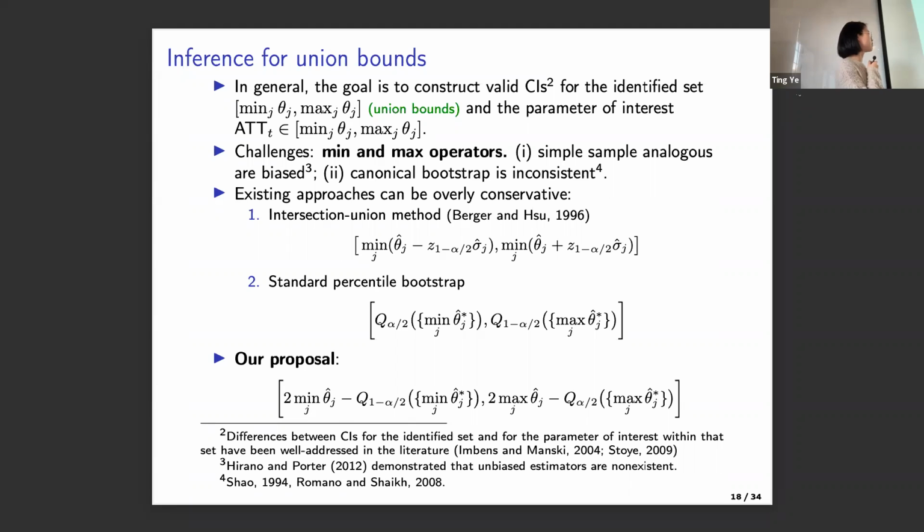So these two are very conservative. Our proposal, in order to construct a valid inference that is less conservative, is also a bootstrap inference, but with a slightly different structure. I'll explain this in the next slide.